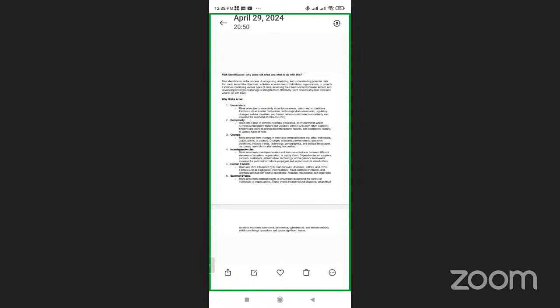These things are beyond the control of individuals, beyond the control of the organization. Because of the pandemic, you had already witnessed how much loss we have suffered. So these are considered to be the external events which result in the emergence of risk.